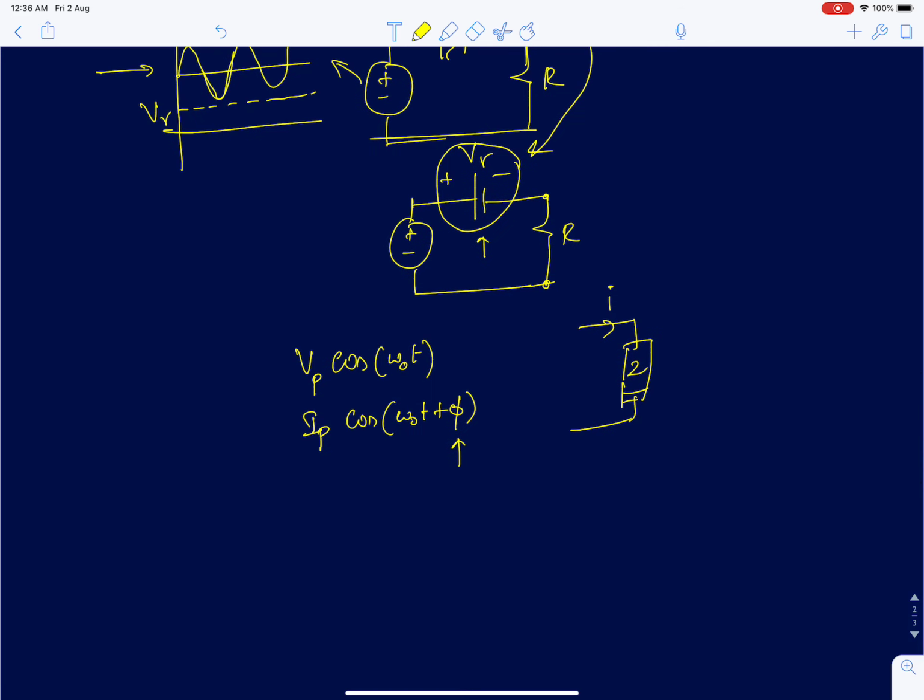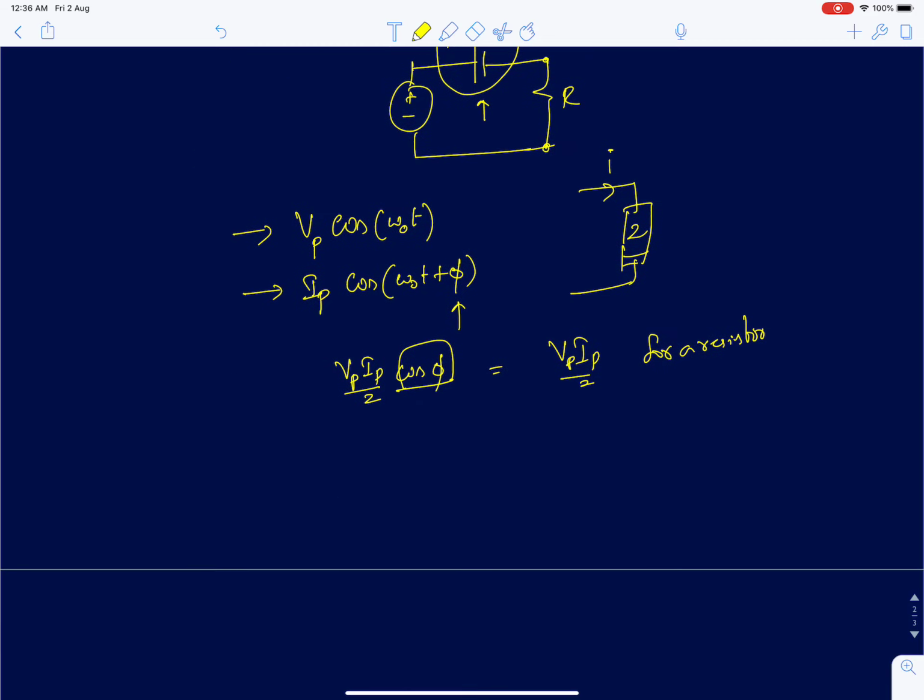Then for periodic signals we can define average power, that is the power dissipated in a single cycle. That turns out to be equal to Vp Ip by 2 into cos phi. For a purely resistive load, phi is 0 because current and voltage will be in phase, so this value reduces to Vp Ip by 2.